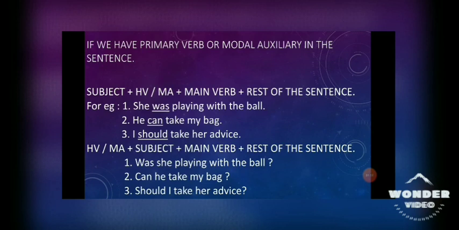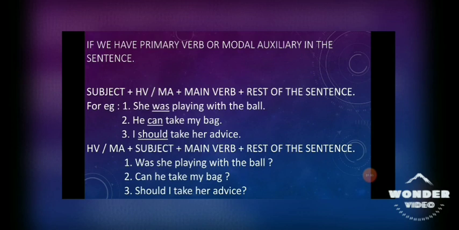I have shown you this sentence so that you will understand how modal auxiliaries are used. Take is again the main verb and my bag is the rest of the sentence. Third example, I is the subject, should is again a modal auxiliary, take is the main verb, her advice is the rest of the sentence.